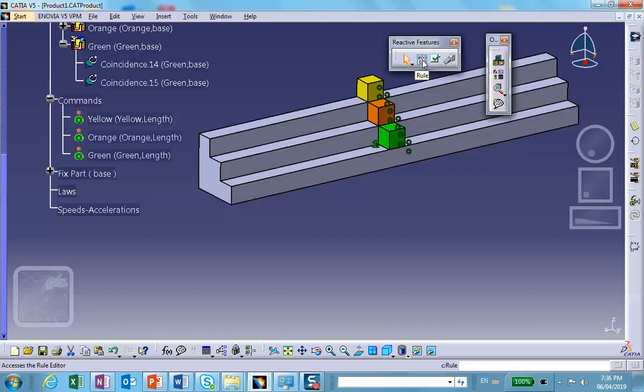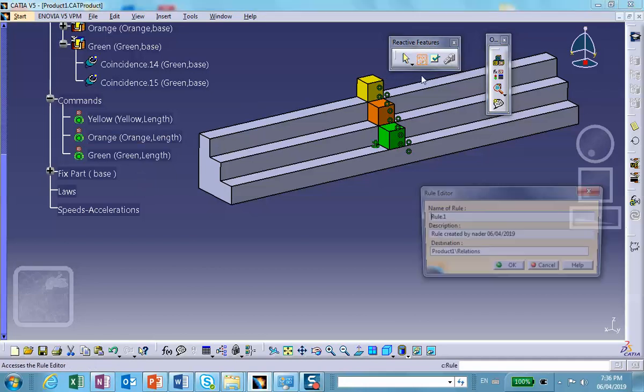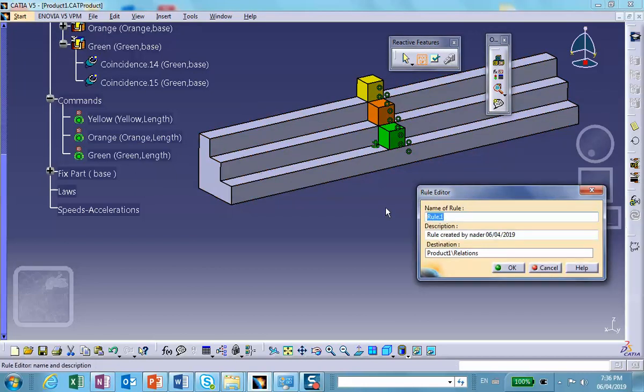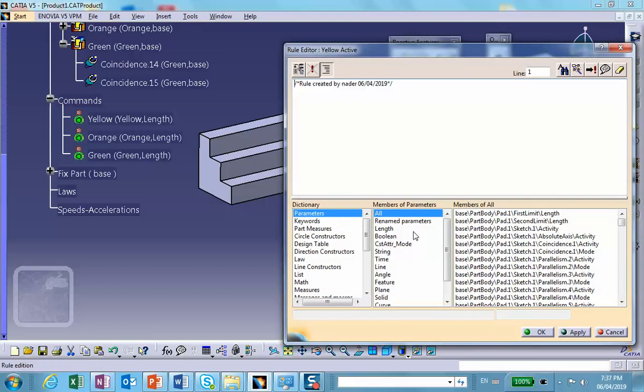Now I'm going to do this one by one. The first one, I'm going to call it yellow command. Okay, yellow. All right, now we say okay. I need to see this thing right in front of me.